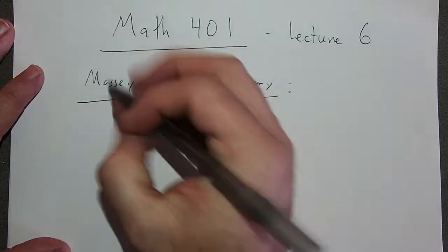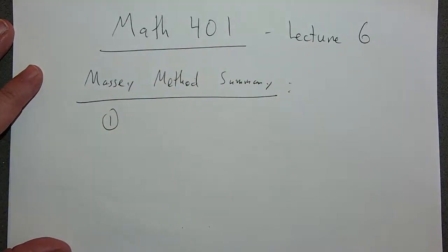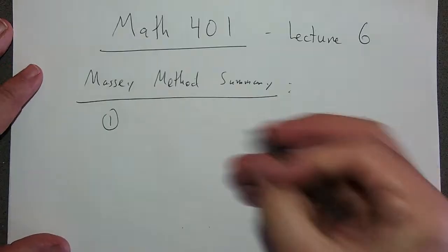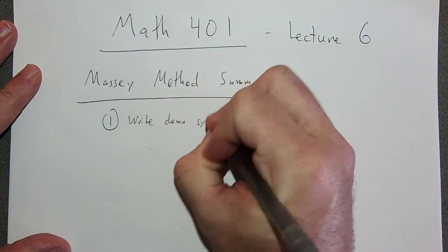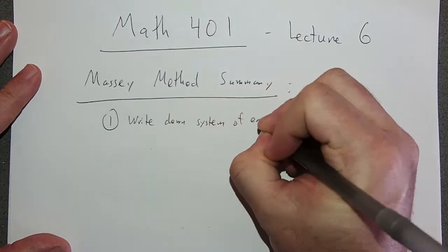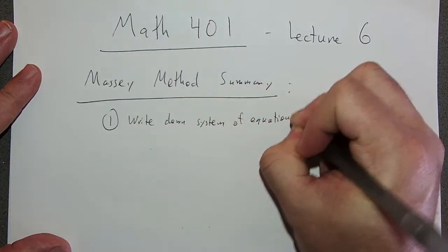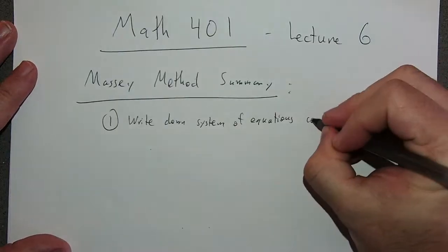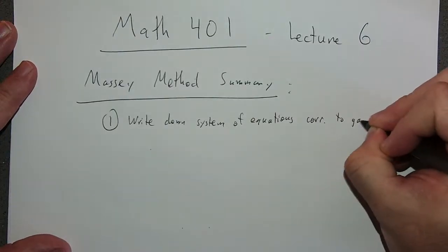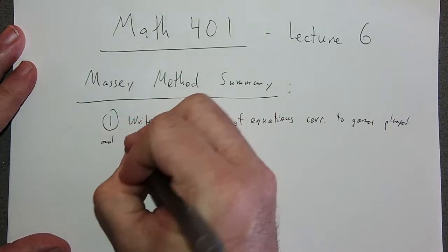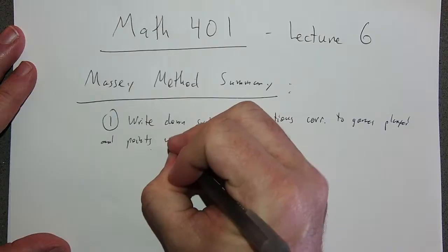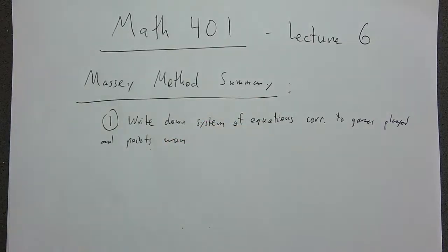So first, we write down the system of equations corresponding to the games played and the points won. I'm just going to say points won, because we saw that you can encode losses as winning by negative points.